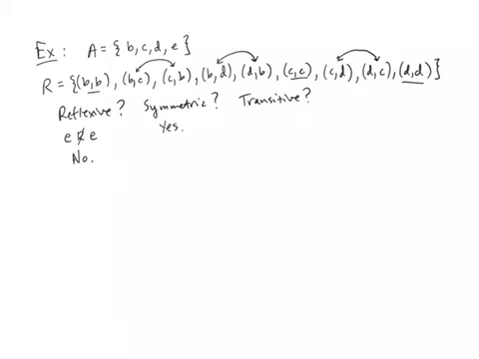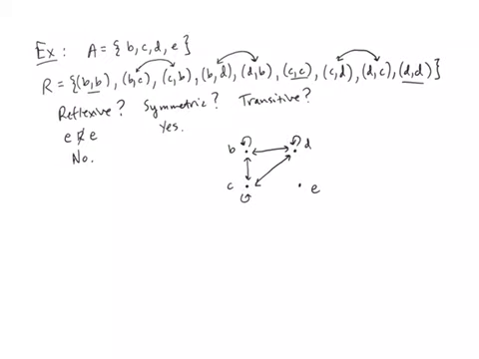It's a bit annoying, but what really helps is the picture here. So let's look at the picture. So I'll just mock up a picture first. We have BB, we have BC, we have CB, we have BD, we have DB, we have CC, we have CD, we have DC, and we have DD.